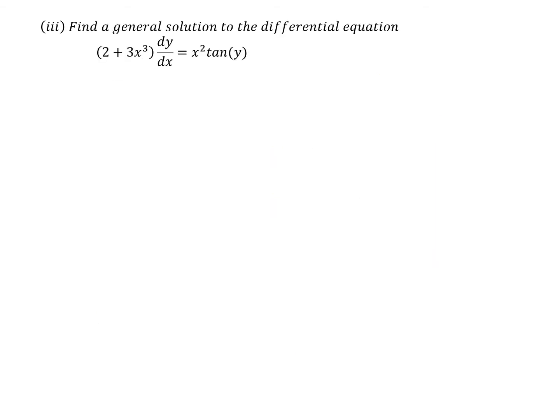So this part of the question is asking us to find a general solution to this differential equation. So the first thing I'm going to have to do is to separate the variables. I'm going to have to divide by tan y to get the tan y over to the other side.